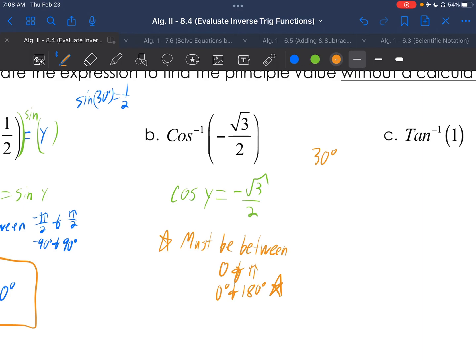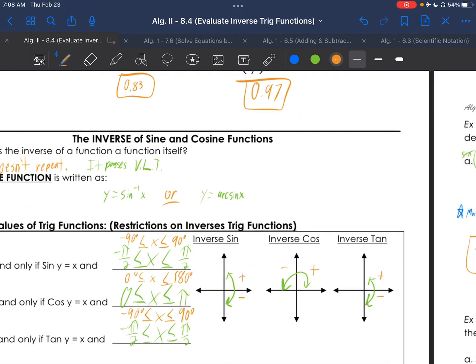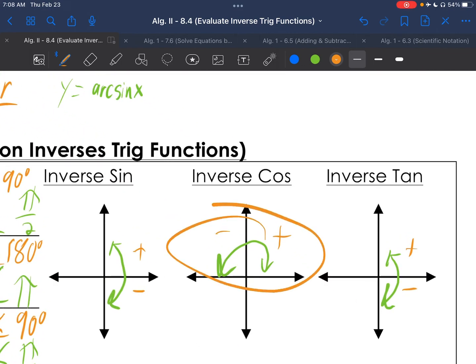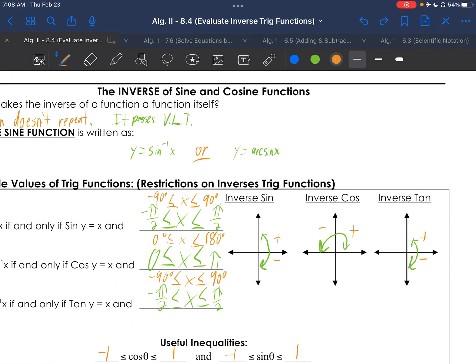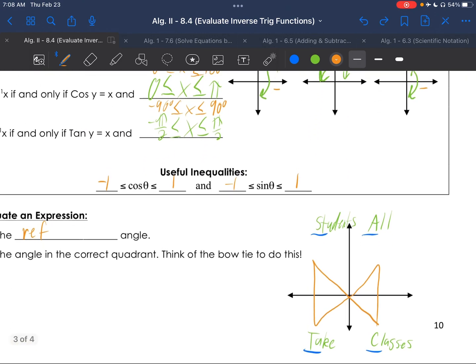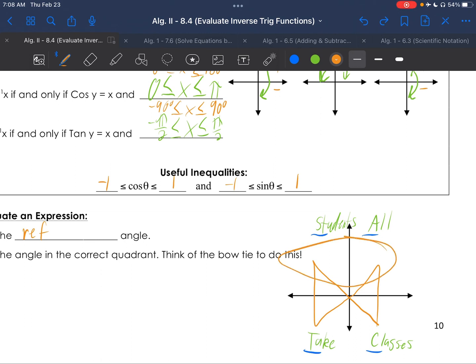And that comes from our previous page, once again: inverse cosine exists only in quadrants 1 and 2, where it's 0 to pi or 0 to 180 degrees. And we said it's going to be a negative square root 3 over 2. So where is cosine negative? Well, only in quadrants 2 and 3.